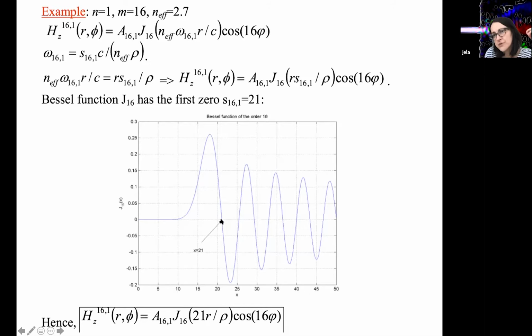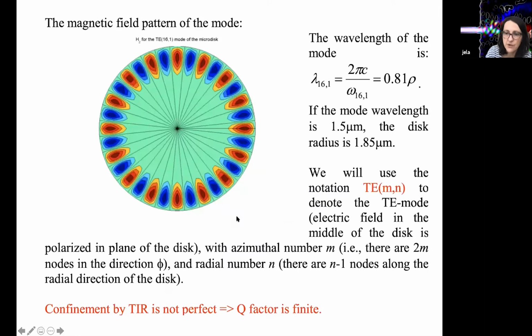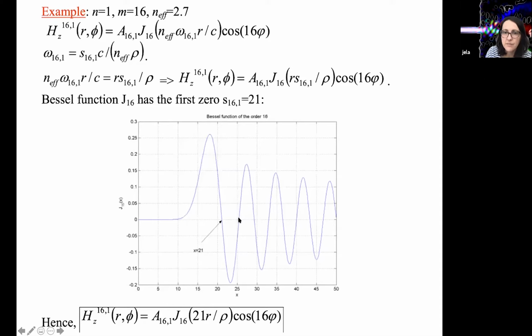If you, for example, say, I would like this laser to operate at mode 16.2, you would truncate the Bessel function at the second zero, here, right, which is around 26. So in that case, you would take S16.2 here as the argument, which of course would change the frequency of the mode.